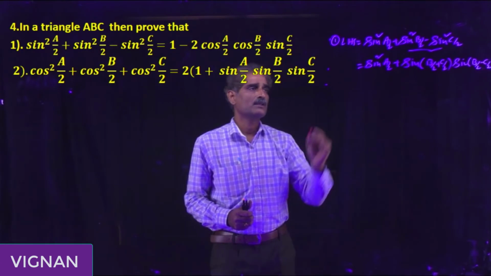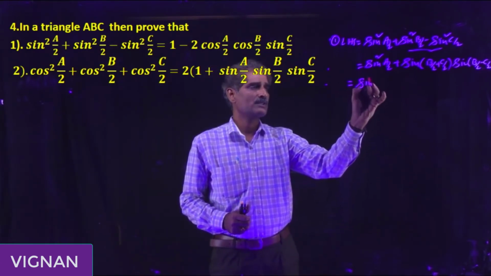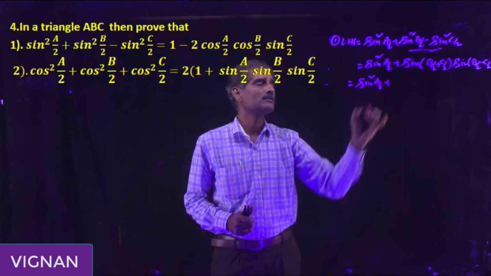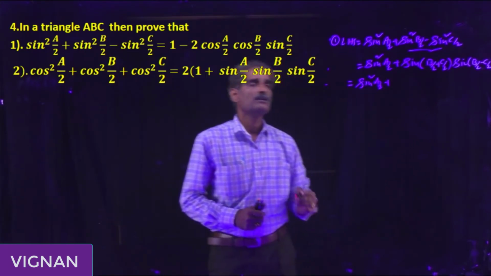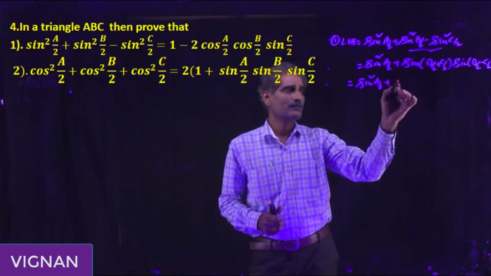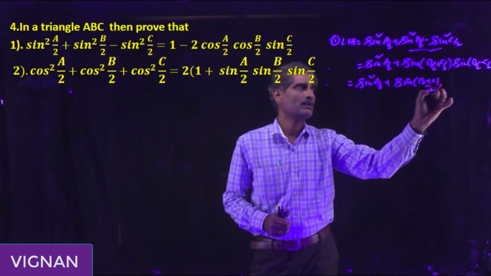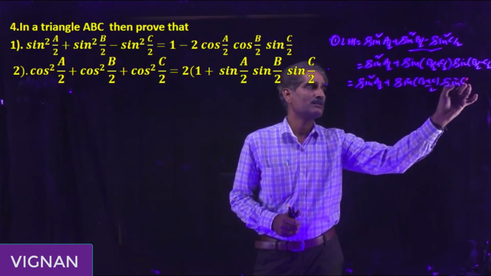Okay, understand? Now keep the first term, sin square A by 2, and try to find out this value. Here we can write sin of (B plus C) by 2, sin of (B minus C) by 2.